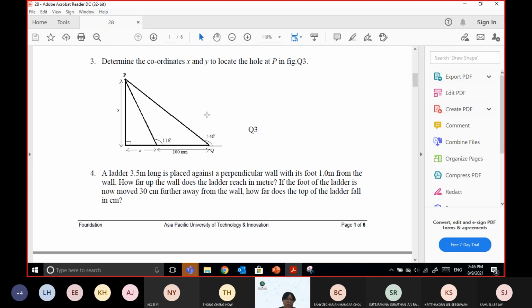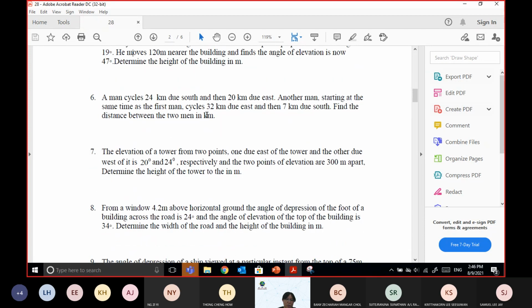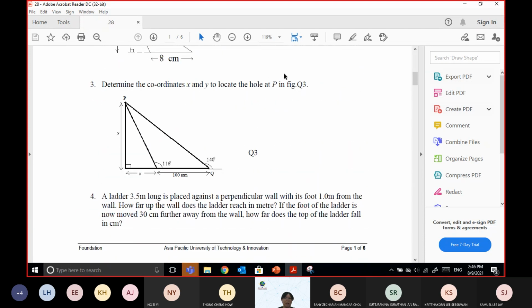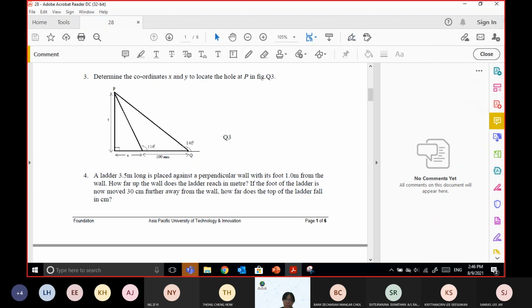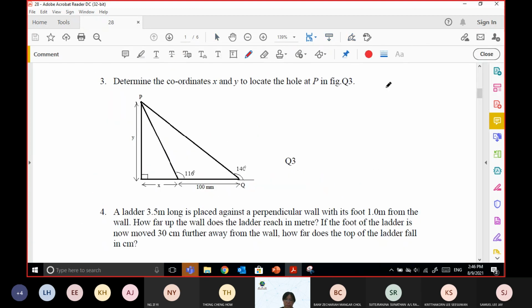Then we have the following questions, 3, 4, 5, 6, and so on. I would like to share the answers here, so I write the answers and you check your answer if you're already done. I put all my answers in 2 decimal places.